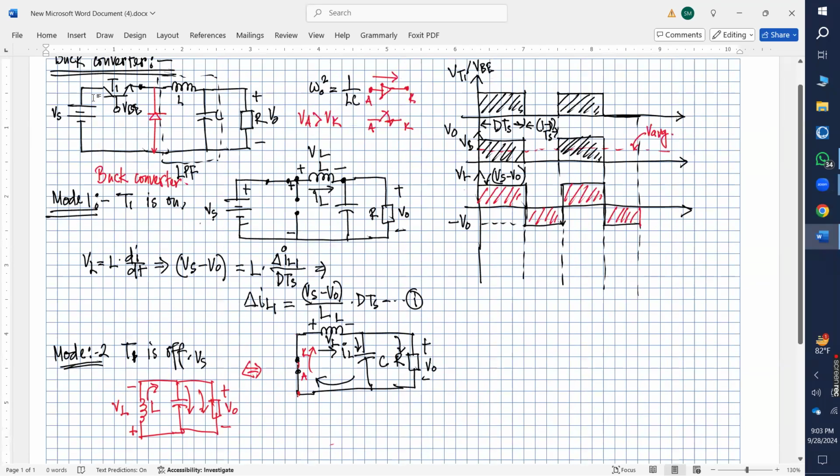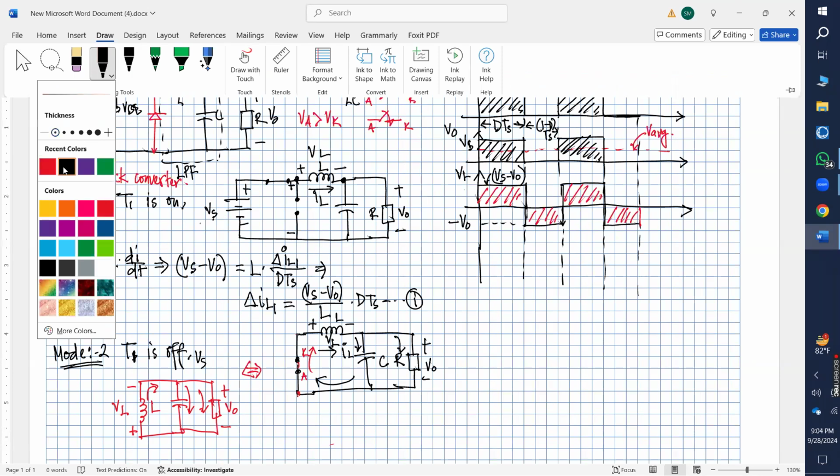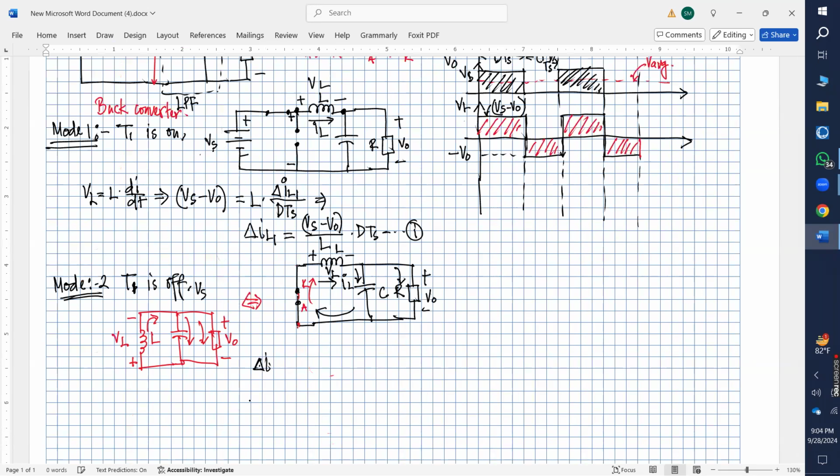Okay, no problem. Now during the time when your switch is off, by doing the same math, we can say my current del IL2 should be equal to minus V0 over L multiplied by (1 minus D) multiplied by TS.